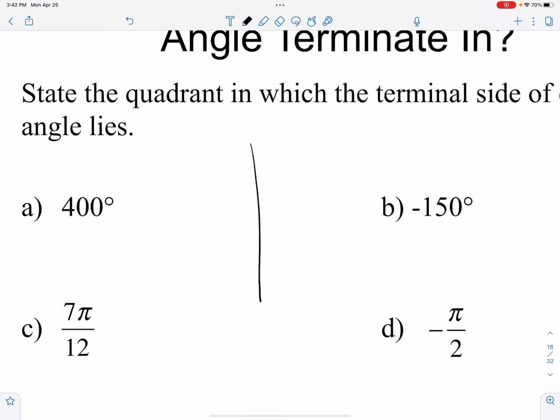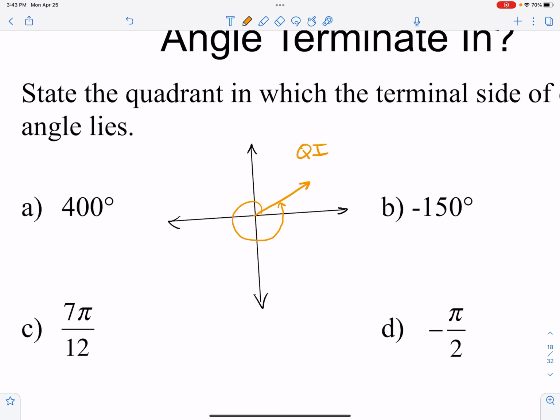Let's see if I can draw a picture here. 400 degrees would be rotating in the counterclockwise direction because it's a positive angle. It would go more than one rotation, since one rotation is 360 degrees. And then that would be 40 extra degrees into quadrant 1. So 400 degrees will terminate in quadrant 1.